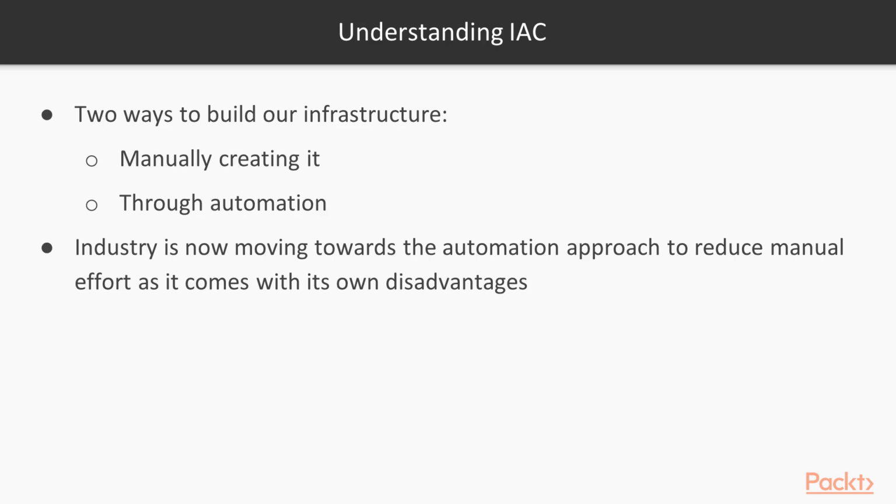It may be AWS CLI, it may be an Ansible role, or it may be CloudFormation. So there are always two ways. The industry is now moving towards automation because it reduces the amount of manual work and the number of errors that one might make during manual creation of infrastructure. So let's go ahead and understand more about infrastructure as code and why exactly the industry is moving there.